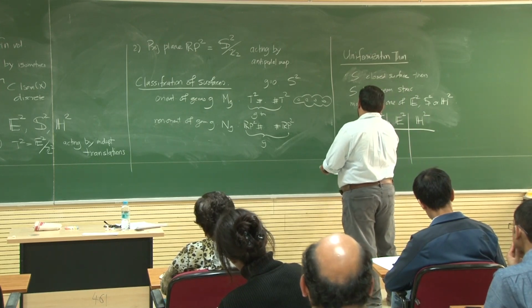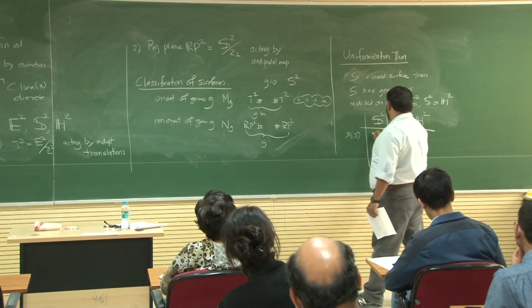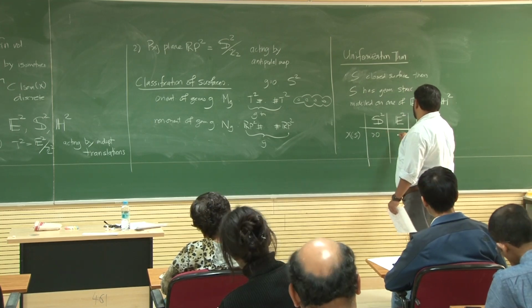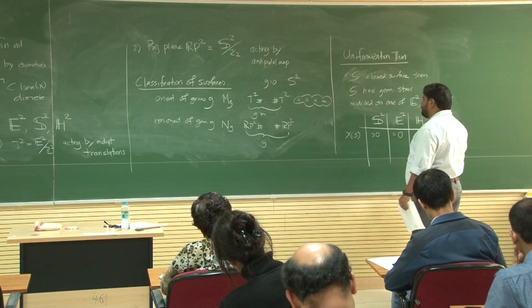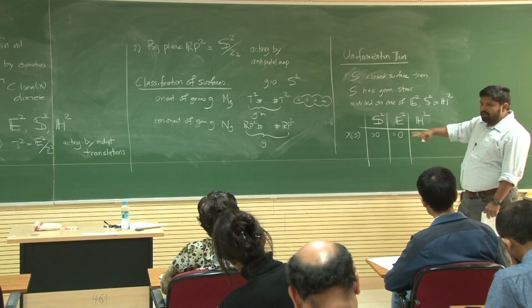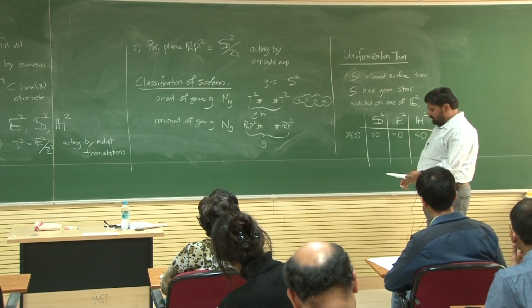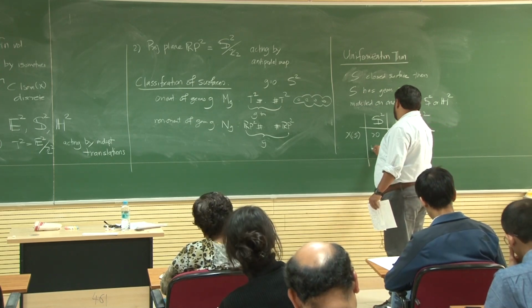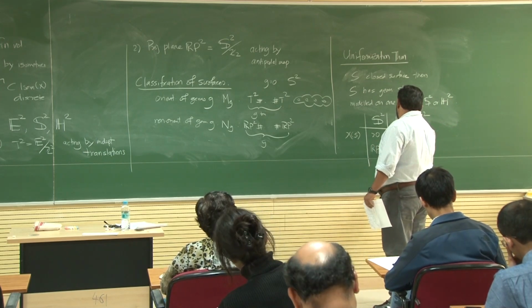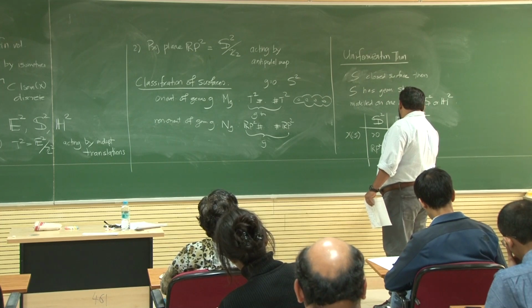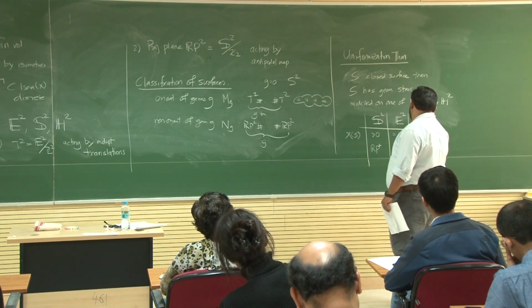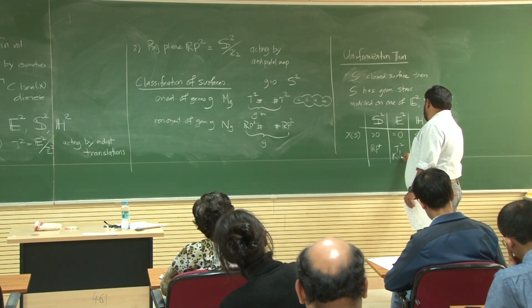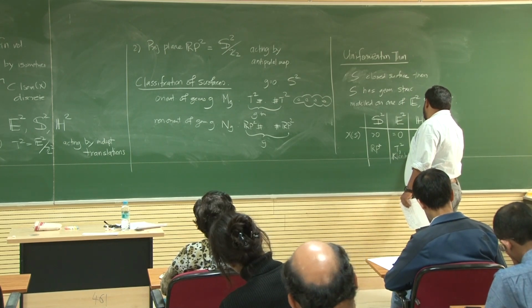So, you have the Euler characteristic of the surface. If this is positive, you get S2; if this is equal to 0, you get E2; and if this is negative, you get H2. So, you can completely classify the surfaces. You have RP2, you have the torus or the Klein bottle, and everything else.